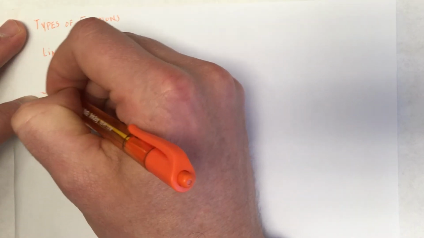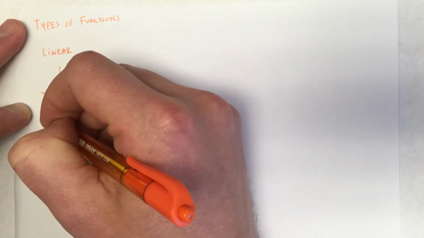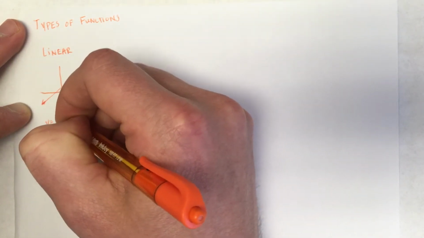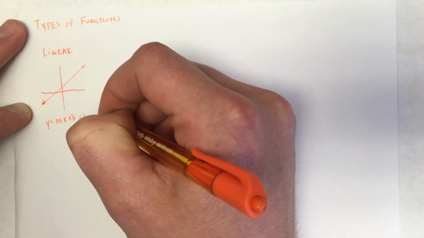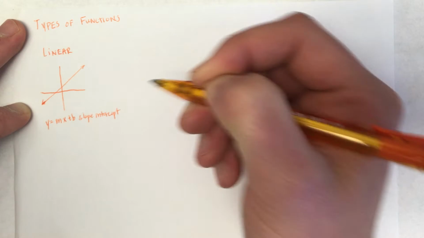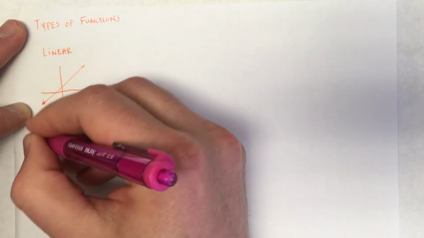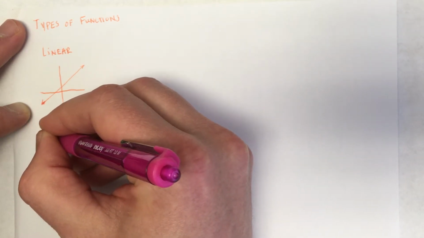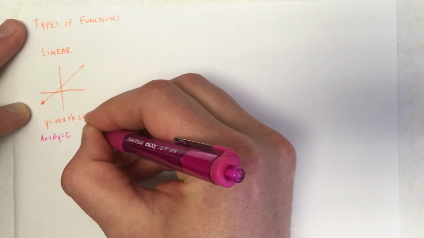So if I'm looking at a graph of this, there's a linear. General form, y equals mx plus b is slope-intercept. They generalize it even better in ax plus by equals c. This is what they call standard form.